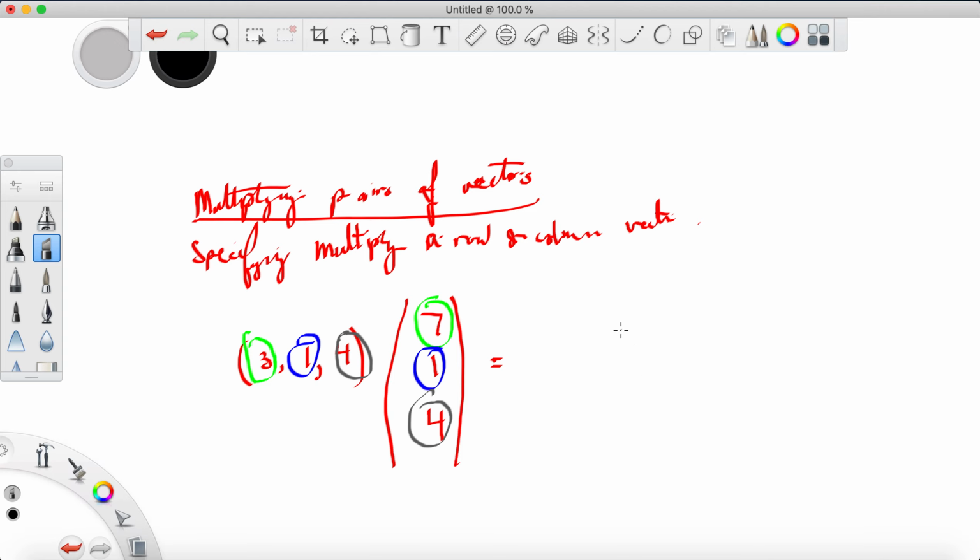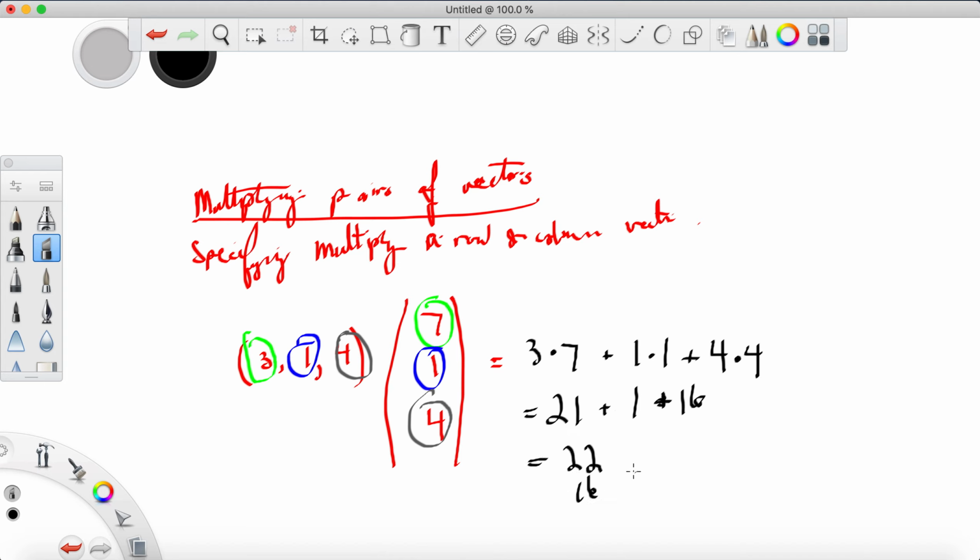So multiply the green numbers together, so that's 3 times 7 plus 1 times 1 plus 4 times 4. This is going to give me 21 plus 1 plus 16. And that's 22 and 16, that's 38. So that's your answer.